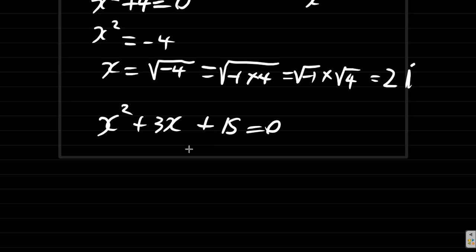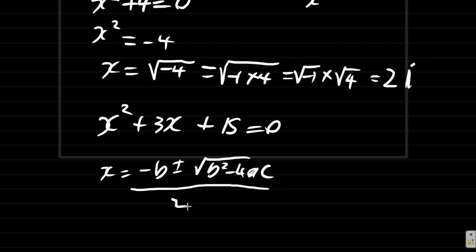Remember, you wouldn't be able to use factorization here, but you could use the quadratic formula. So remember, the quadratic formula says x equals -b plus or minus the square root of b squared minus 4ac, all over 2a. And here our a is 1, our b is 3, and our c is 15.